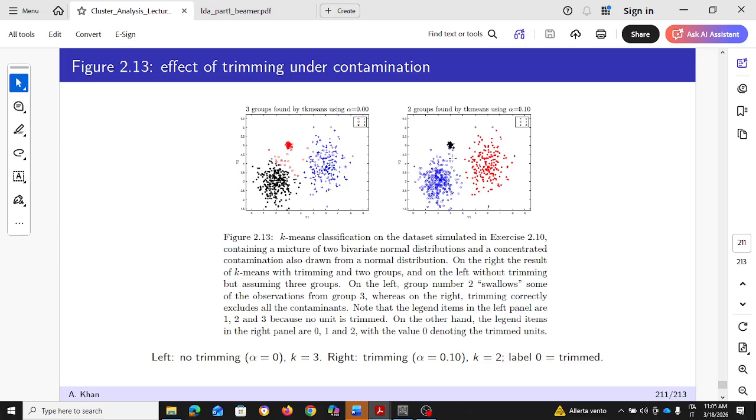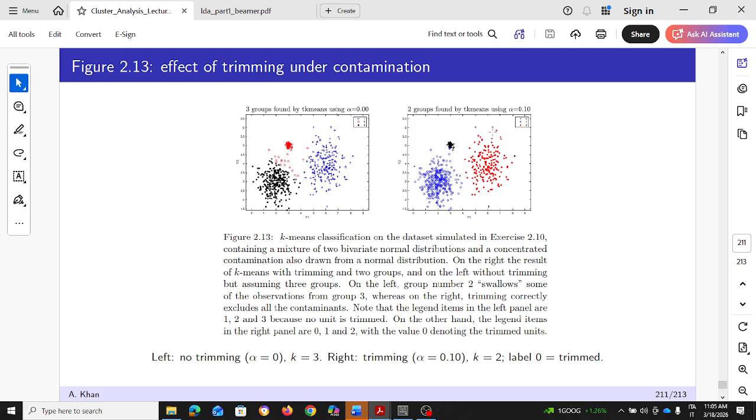But instead, if you look here, we have done some trimming. Group 1 is very clear, group 2 is very clear, and the contaminated data is very clear. Notice also for labeling in these graphs, when you plot these on MATLAB, if k-means is without trimming, you will see the labels as 1, 2, 3, okay?